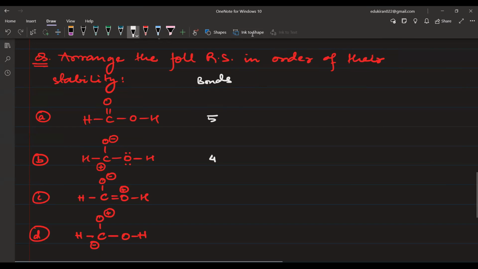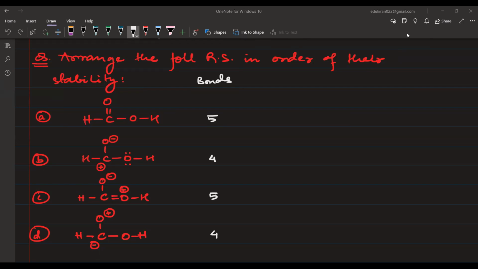Bonds, number of bonds answer कर सकते हैं ना सभी कोई? हाँ, देवांगी, इरम, जानिया, तारीफ, अब्दुल्ला, all of you please answer. What about this one? C structure is having how many number of bonds? 5. And this D structure is having 4. Okay. So obviously, which is having highest number of bonds? A and C. So I will compare first of all A and C.